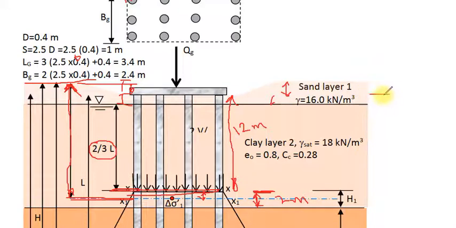Now the overburden pressure along the pile to the middle of the layer: 1 times 16 plus 1 meter times 16 plus the distance from the bottom of the pile cap to the level of the equivalent raft, equal to 12 meter. 1 meter is included in computing the overburden pressure of the sand, so it remains just 11 meter.